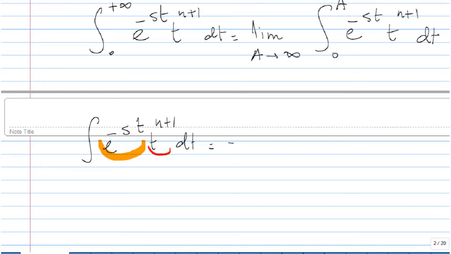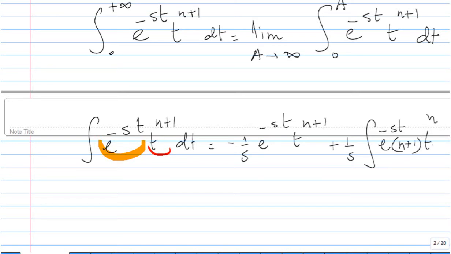So integration by parts: we find this is minus 1 over s e^(-st) t^(n+1), and then plus 1 over s, the integral of e^(-st) (n+1) t^n dt.